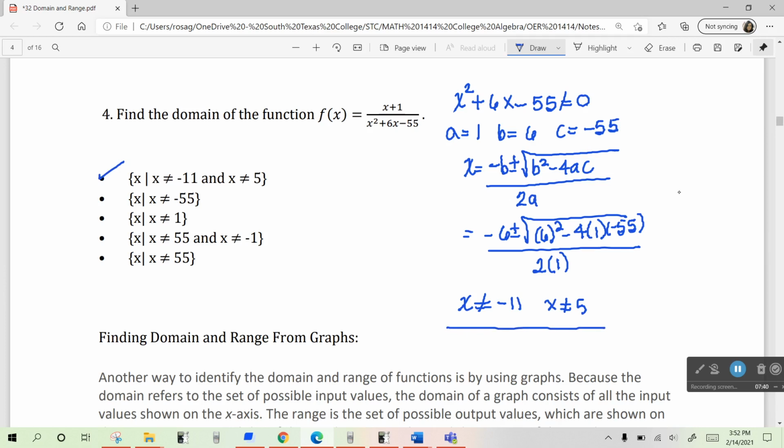So even if you get several answers, you still put cannot equal and just write the answers down for fractions.